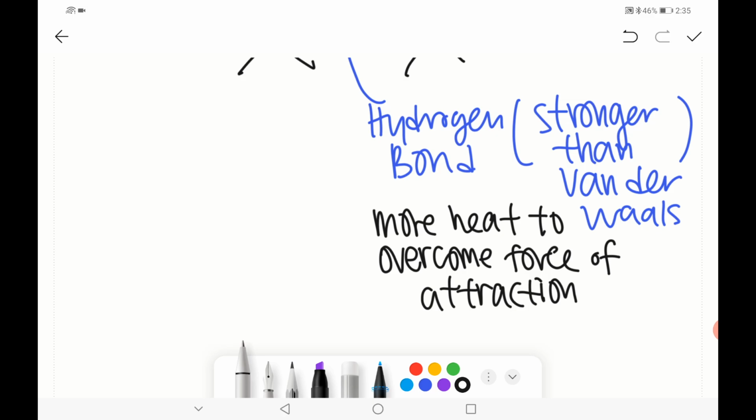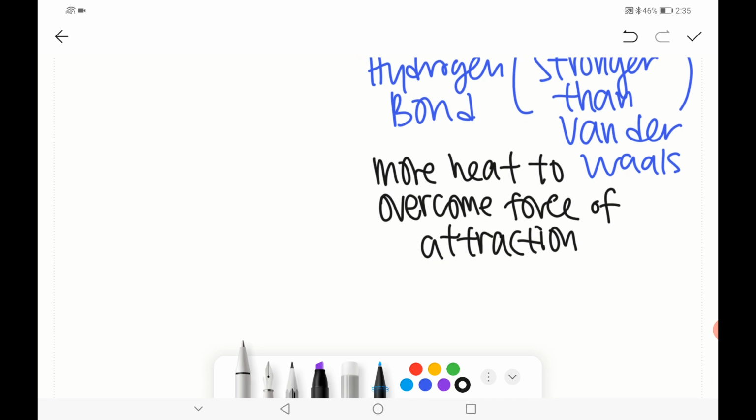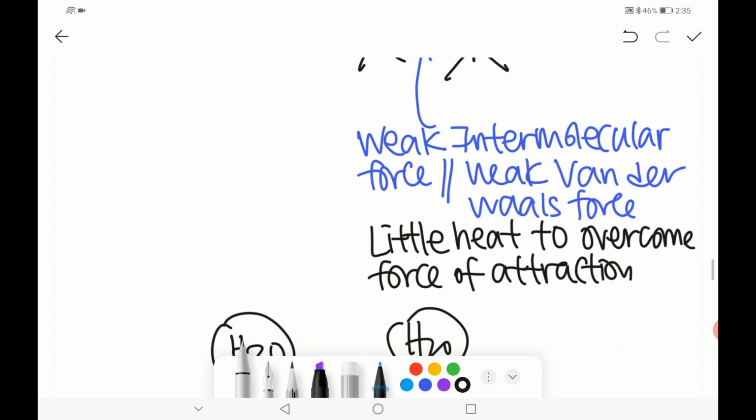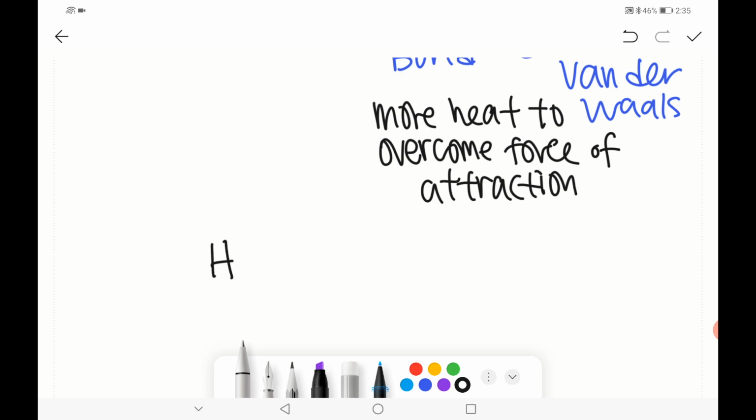Yeah, so hydrogen bond is stronger than van der Waals force. So any substance that has hydrogen bond should have higher melting and boiling point than those with van der Waals force. I want you to know this. As a result, water has a higher melting or boiling point compared to carbon dioxide.